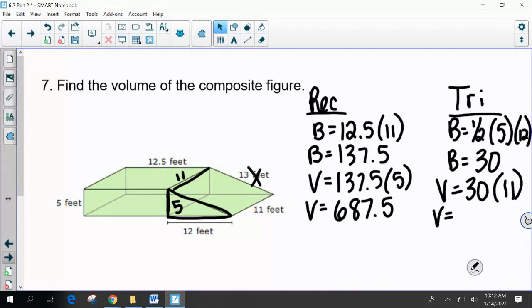So I get 330. And then I need to add them together. 1,020.5 feet cubed. I got 17.